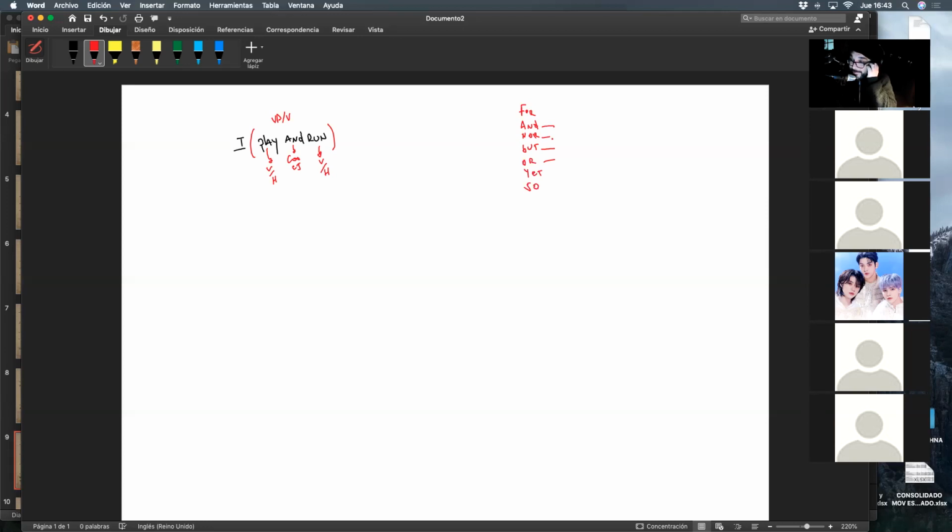Is it clear? Yeah, thank you. I didn't know you could have two verb heads. Yeah. Be careful because you can also find them with auxiliary verbs.